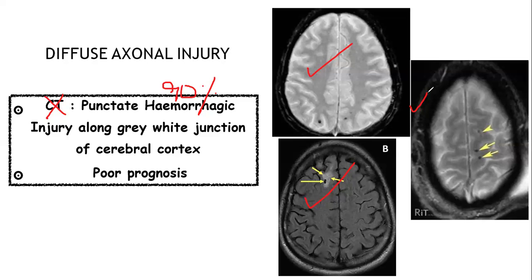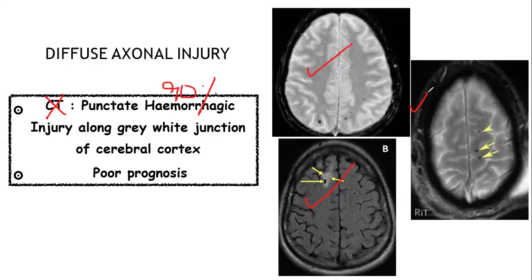Okay, there is injury along the gray and white junction of the cerebral cortex, and it has a very poor prognosis in case of diffuse axonal injury. And what would be the mechanism of injury in this case?